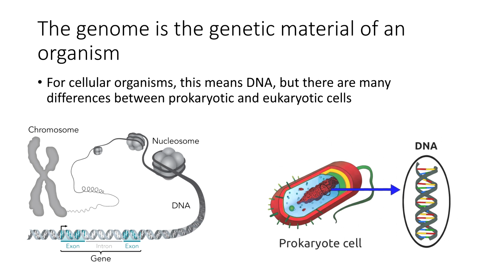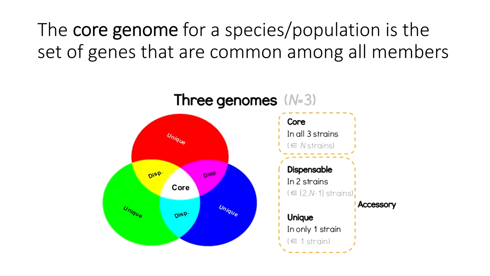This is so different that when we talk about prokaryotes, we need to use special terminology when referring to the genome. There's a concept called the core-pan concept, which refers to in what proportion, or how common, those genes are among a species or a population.